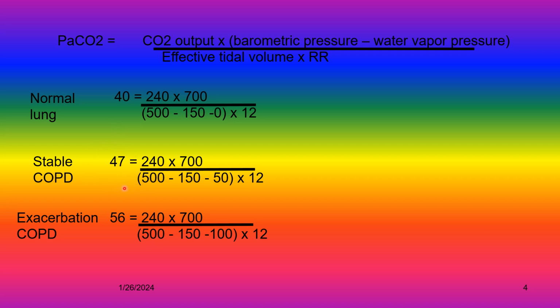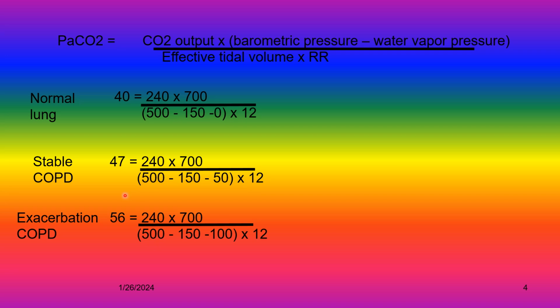In a patient with stable COPD, the stable state is the balance between the central store and the peripheral store, or between the carbon dioxide output per minute and the effective alveolar tidal volume multiplied by the respiratory rate, in other words, the effective minute volume. Here, this is the tidal volume of this patient, this is the anatomical dead space, and this is the alveolar dead space. Here it was 0, but in COPD, in this case, it is 50. I put it at 50.